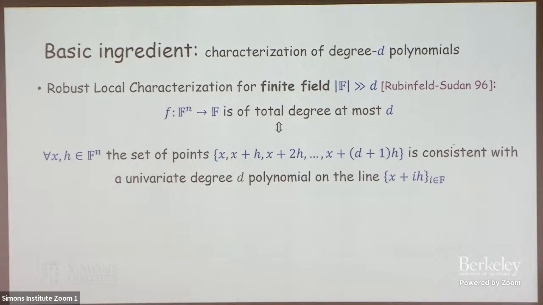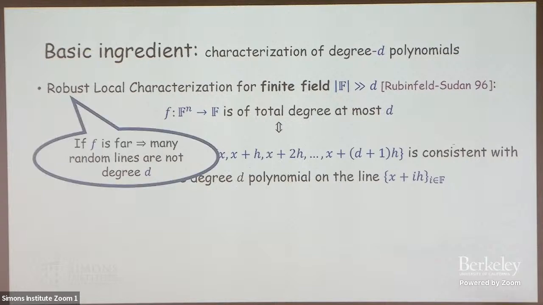And if for all lines it's a univariate polynomial of degree d, then the function is of degree at most d, if and only if. And the characterization is even more relaxed. You just want to have d plus 2 points on some line that are consistent with some degree d univariate polynomial, and this implies that the function is of total degree at most d.